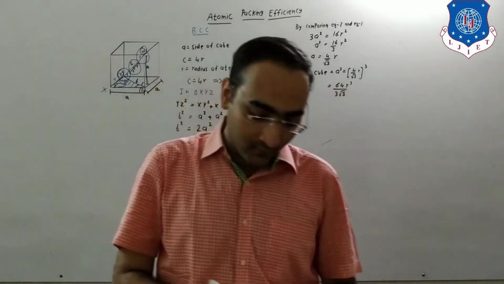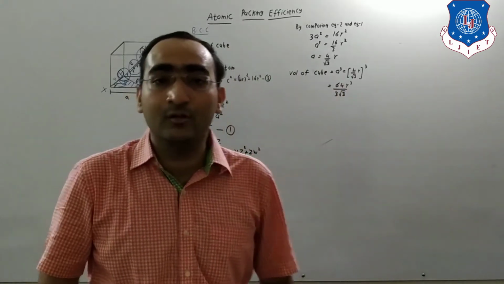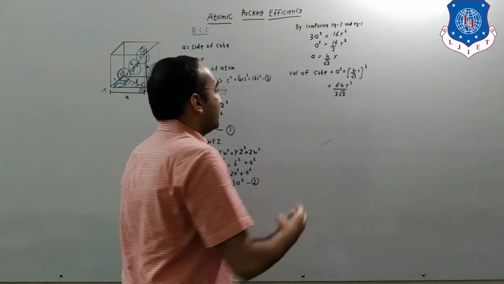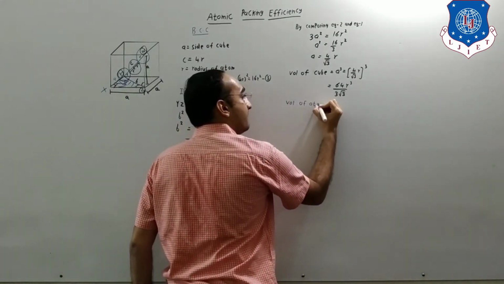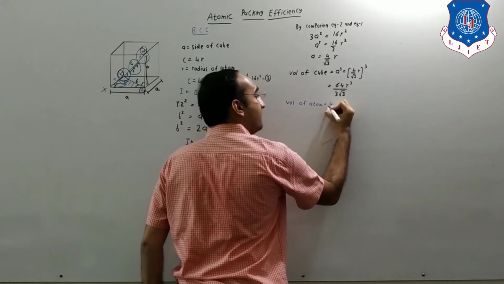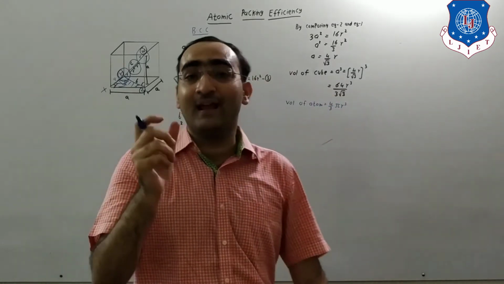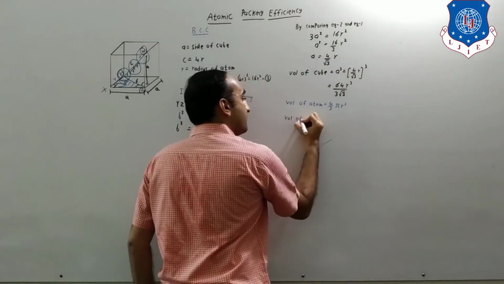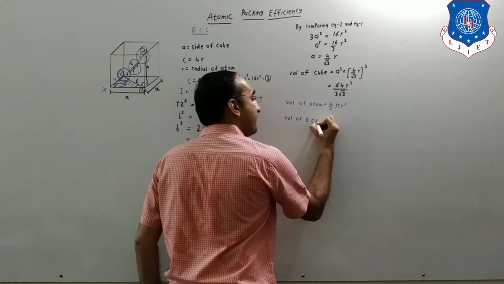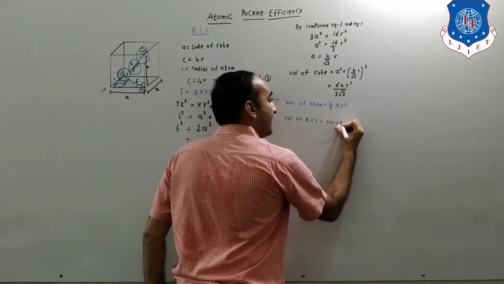So volume of a cube will be equal to 64 r cube by 3 root 3. Now once again, volume of atom, that is 4 by 3 pi r cube, because we are considering atom as a spherical shape.